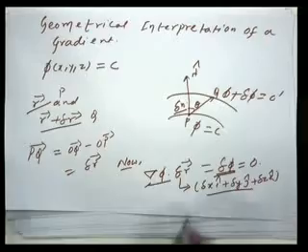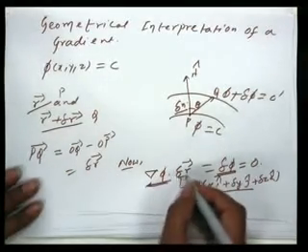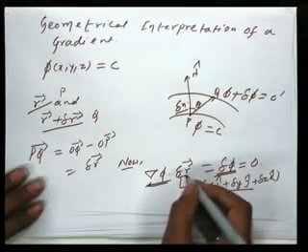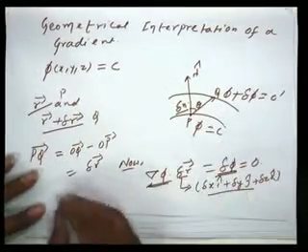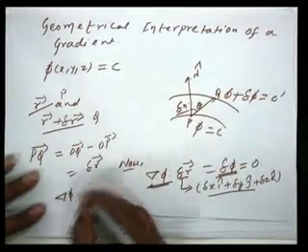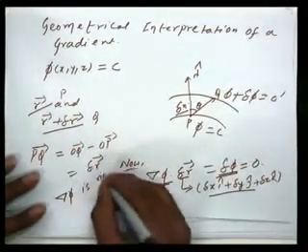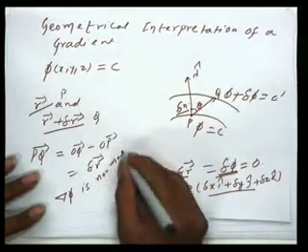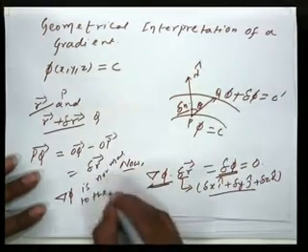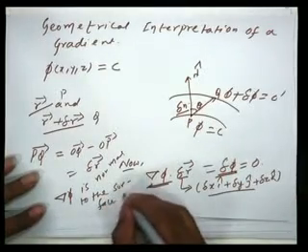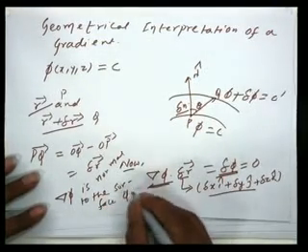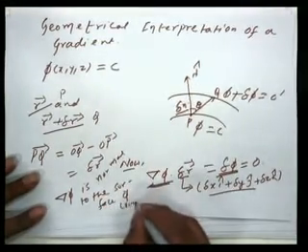It says that the gradient of phi is normal to the surface, and this surface is a representation of phi. So I can say that del phi is normal to the surface phi, which is represented by the equation f(x, y, z) equal to c.